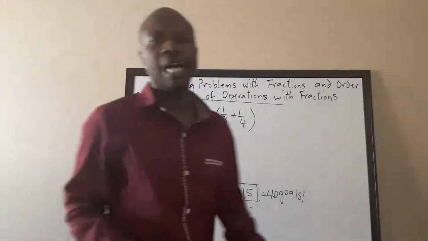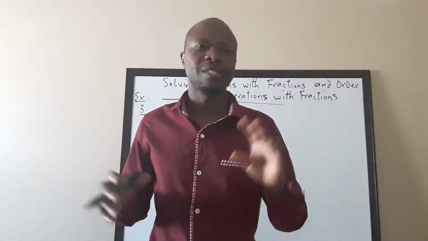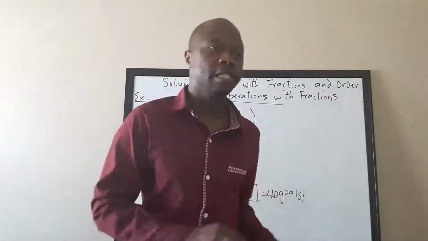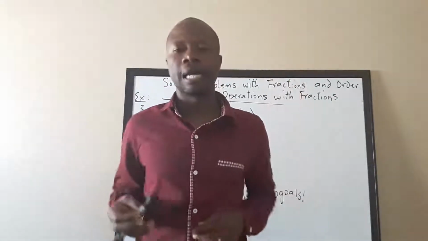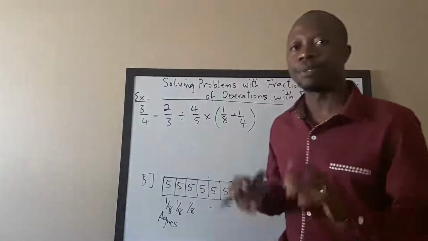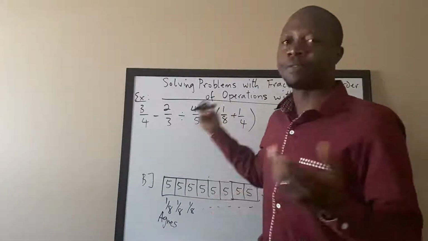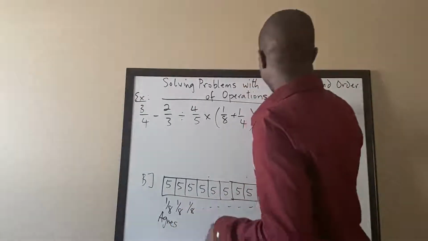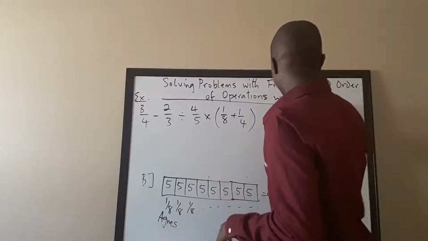So usually anytime you have just different operations all together, you're multiplying, you're dividing, you have brackets, various operations all together, then those ones are order of operation questions. So you have to go with what we talked about previously, called BEDMAS.